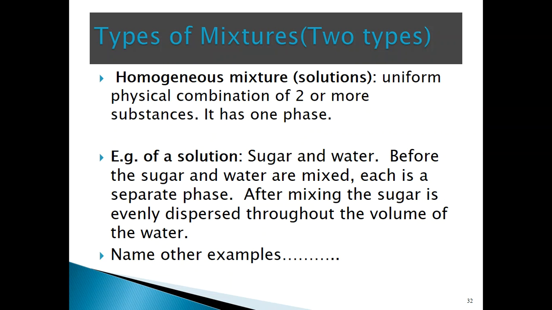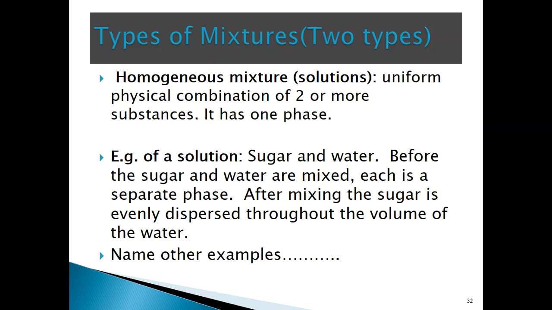An example of sugar and water being mixed together is a homogeneous mixture, which is a solution, all right? Because when you mix the sugar with the water, remember you start off with something that is solid and something that is liquid. When you mix them together, you end up with a solution which is liquid, right?